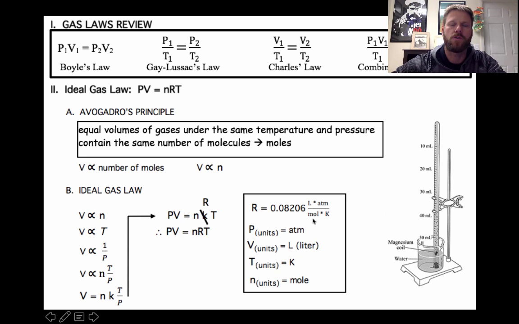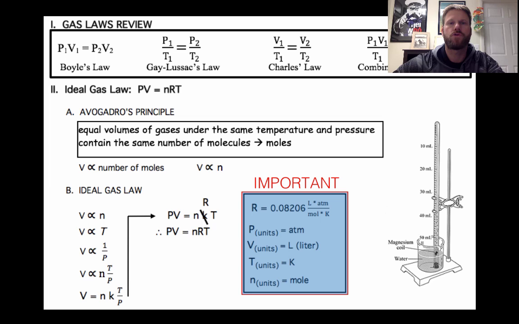So in order to get those units to cancel appropriately when using the ideal gas law, the pressure has to be in atmospheres and the volume has to be in liters. As with all gas laws involving temperature, the temperature must be in Kelvin. This is very important. If you use the wrong units, you'll calculate the incorrect answer because you don't get your units to cancel in the gas constant.